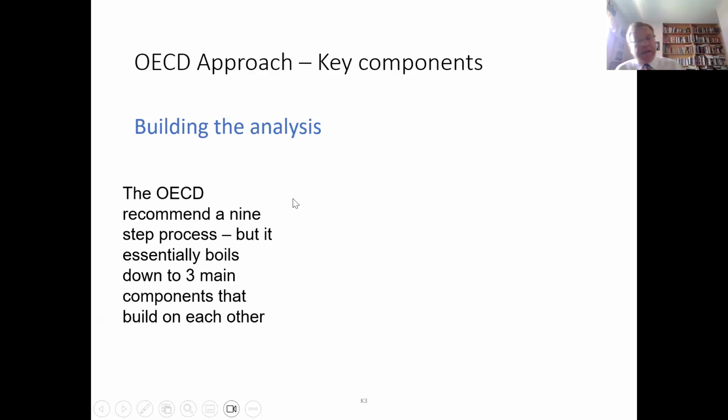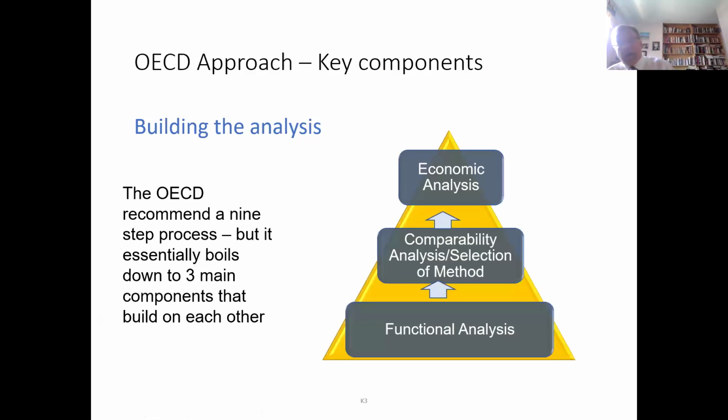There is a 9-step analysis, but it effectively boils down to 3 main components that build on each other. First, the functional analysis of who does what in which bit of the company, and the attribution of value on that basis. Then there is a comparability analysis and selection of method, which is the method of transfer pricing that you would use.